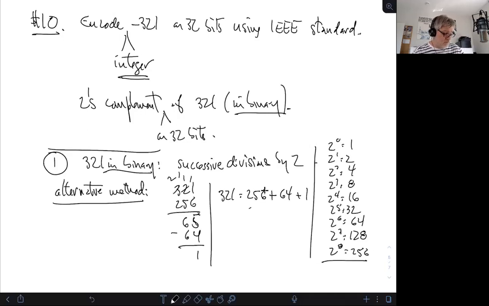So this is 2 to the power 8. This is 2 to the power 6, and this is 2 to the power 0, right? So 321 in binary is 8, 7, 6, 5, 4, 3, 2, 1.